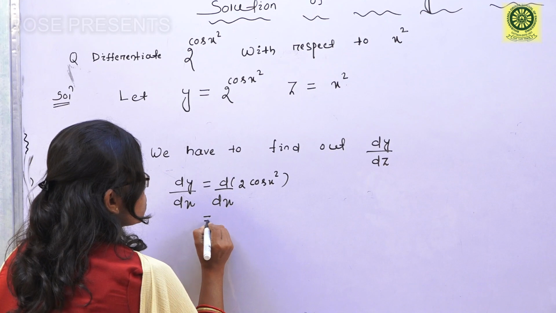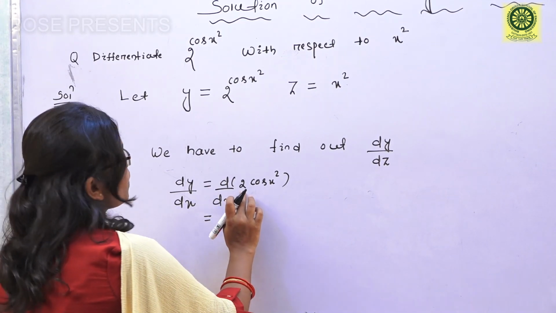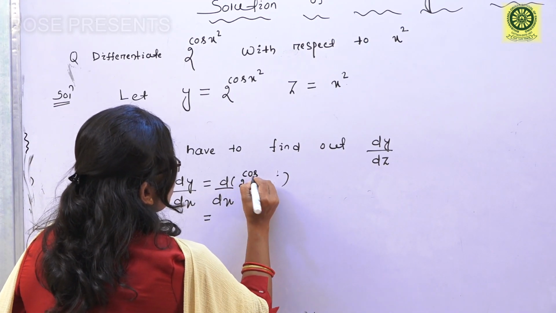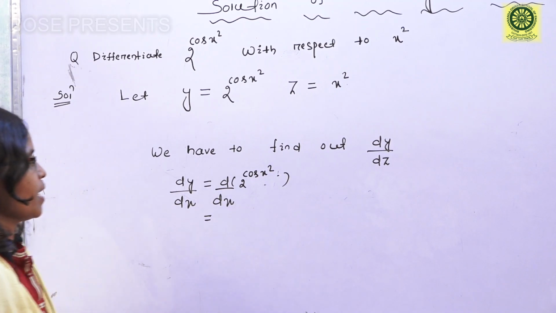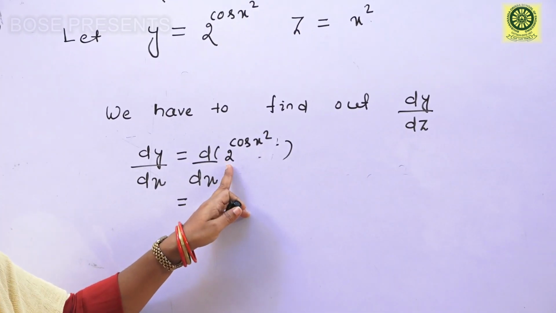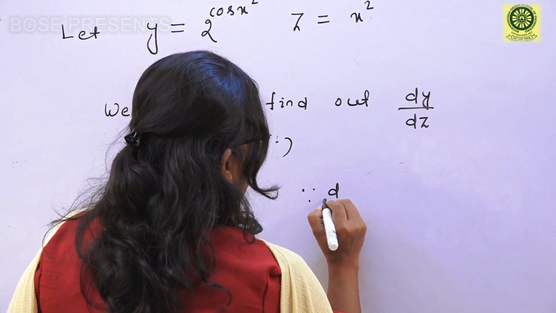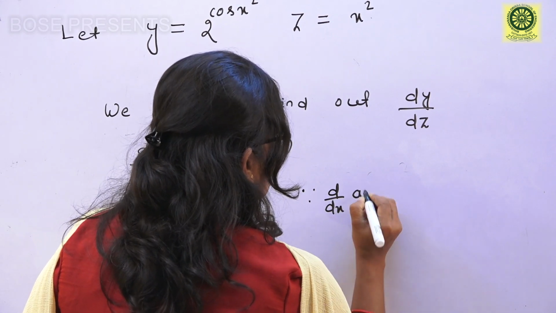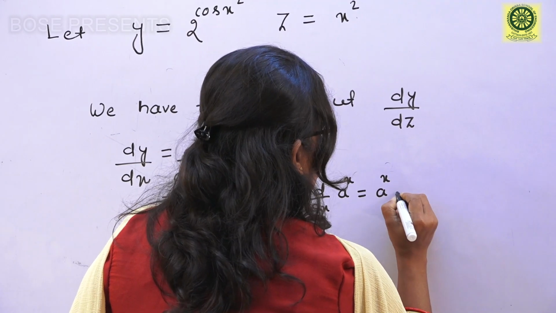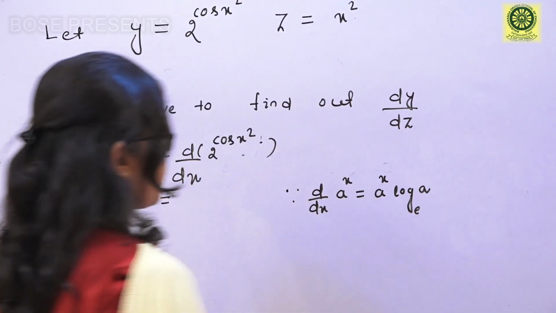Okay. So you see here d by dx of 2 to the power cos x square. Here we have to apply the formula d by dx of a to the power x, which equals what? We know d by dx of a to the power x equals a to the power x log a base e.